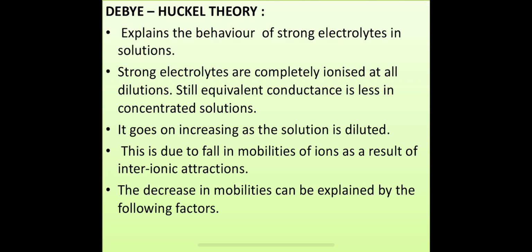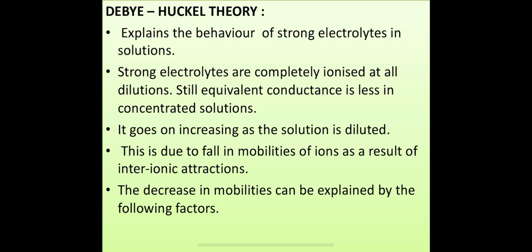Okay, so even though the strong electrolytes are completely ionized at all dilutions, still the equivalent conductance is less in concentrated solution. That is what I said: as the concentration increases and reaches the saturation level, definitely the ionization will be reduced. It goes on increasing as the solution is diluted.